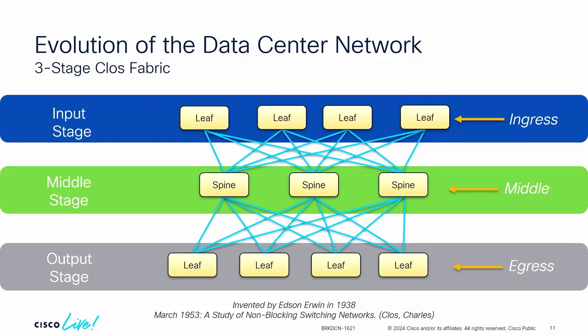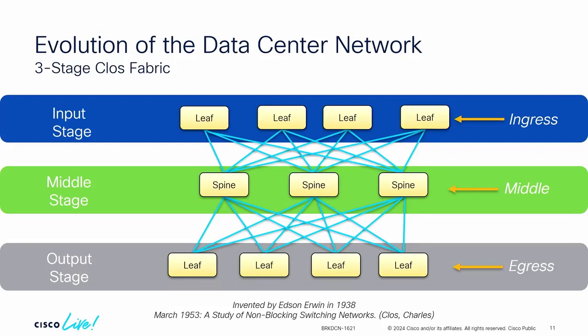And I think that's important when we're looking at these kinds of stages. It reminds me of a chassis switch, where your input stage is your ingress line card, your middle stage is maybe your fabric module, and then your output stage could be your egress line card. That's very much the analogy when you start looking at these Clos-based architectures.